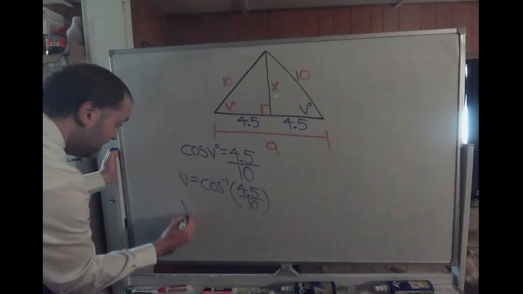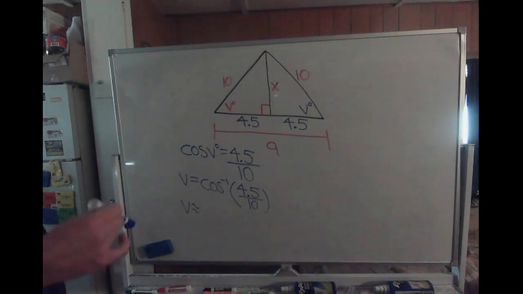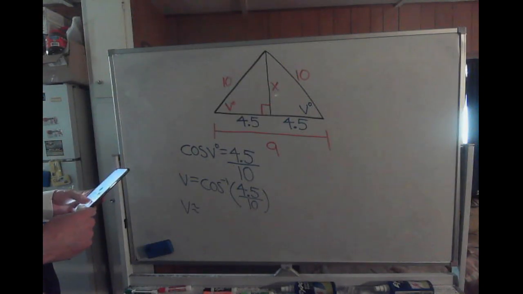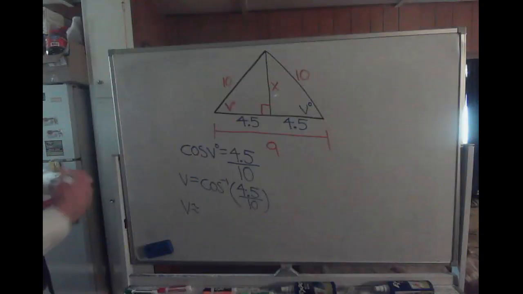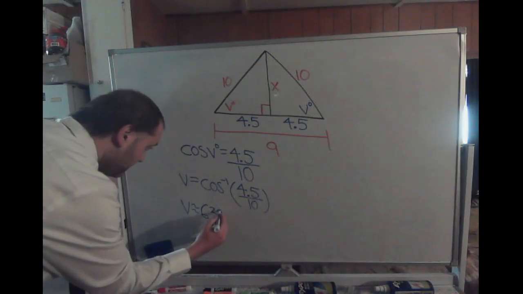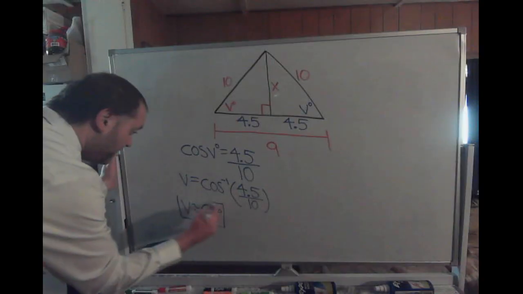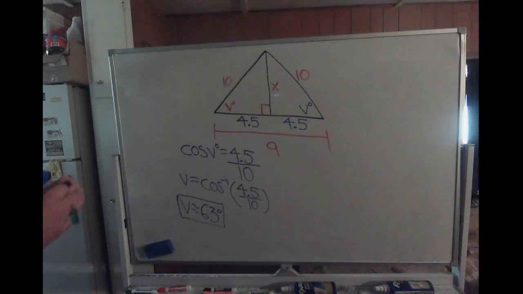And then we'll get an answer to the nearest degree for this value here. So find the cosine inverse of 4.5 divided by 10. That would be about 63 degrees. So the value of V is approximately 63 degrees.